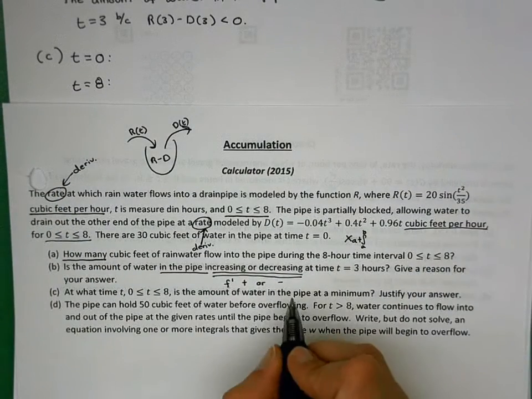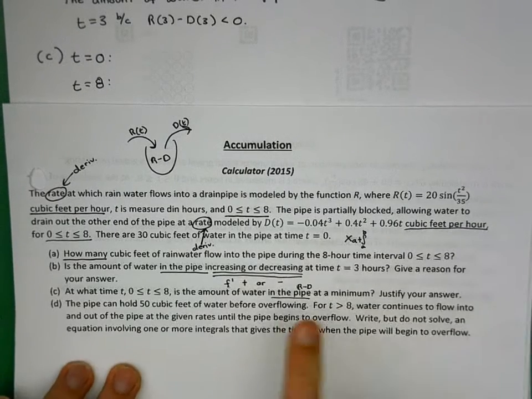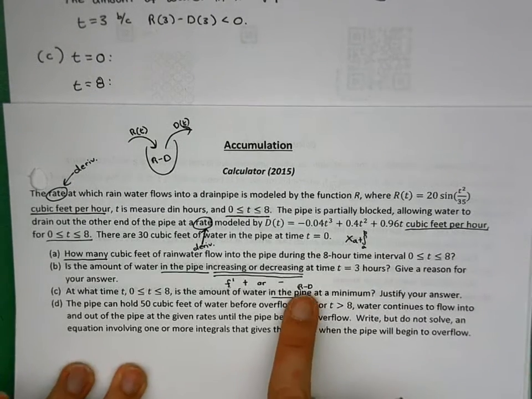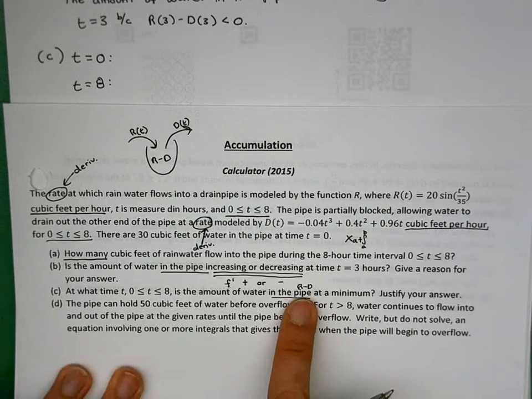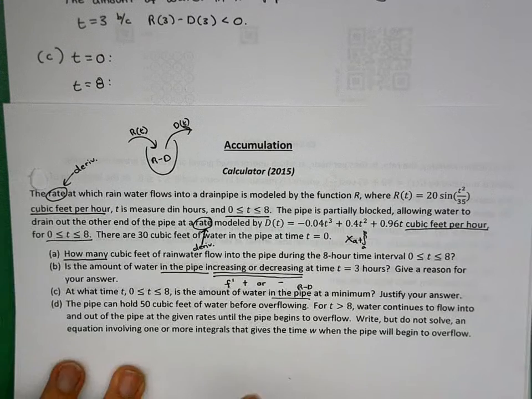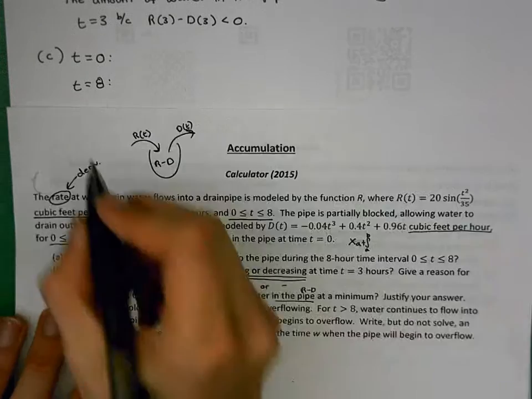Okay, we are again talking about the water in the pipe, so again I'm going to be looking at R minus D here. If I took my calculator and I graphed R minus D and I put that into my Y1, I'd be able to ascertain that there is a 0 at 0 actually, and then again there is a 0 at 3.27165, or 166 if you round it. So you're going to find that there are two zeros.